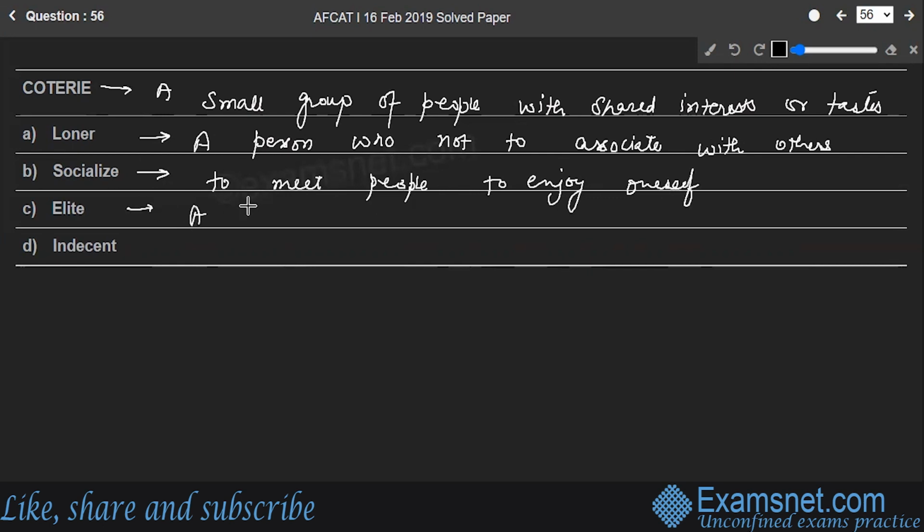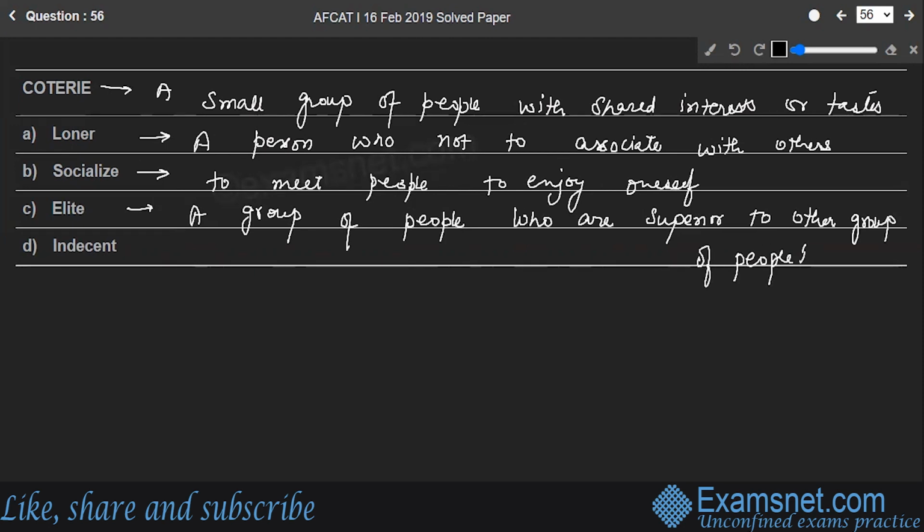Then is the word elite, a group of people who are superior to other group of people in the society. Then is the word indecent, means inappropriate behavior.